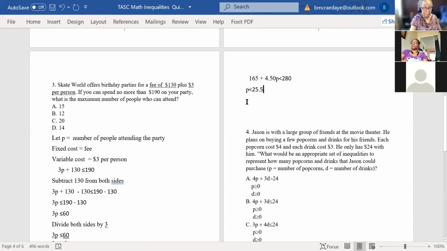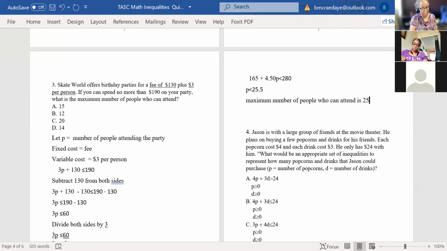So what that means is the maximum number of people who can attend is 25.